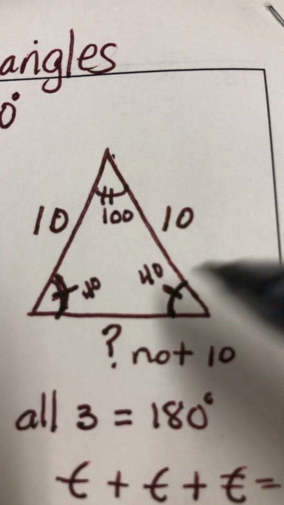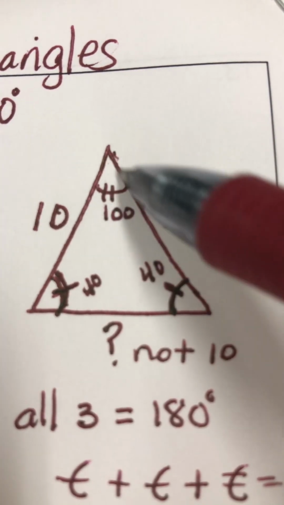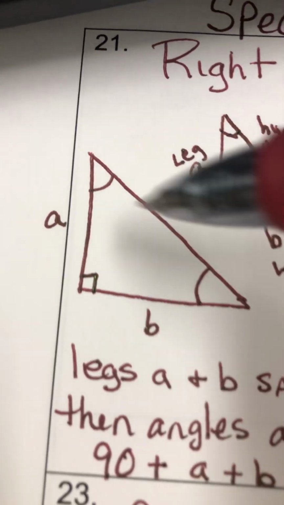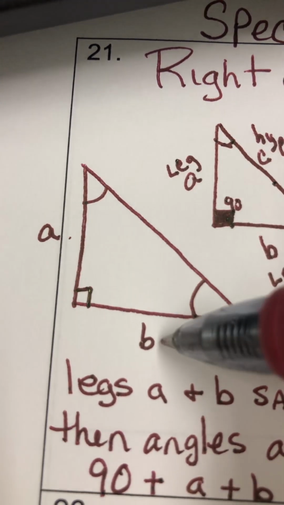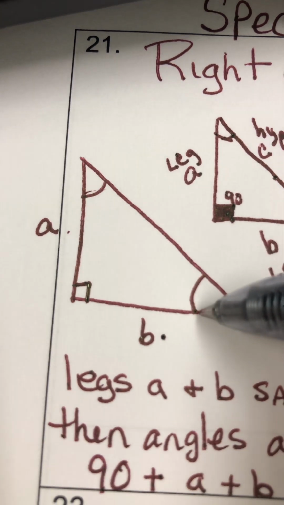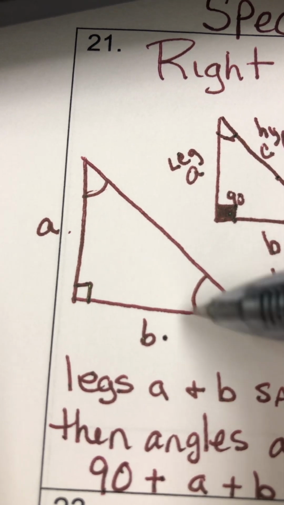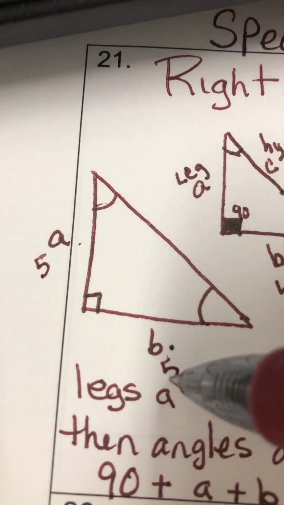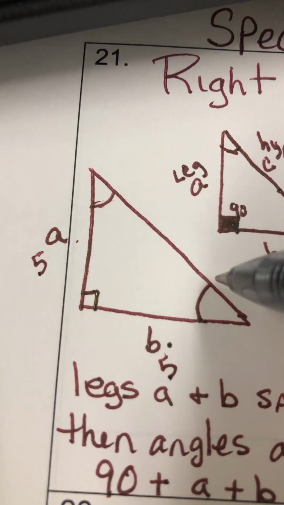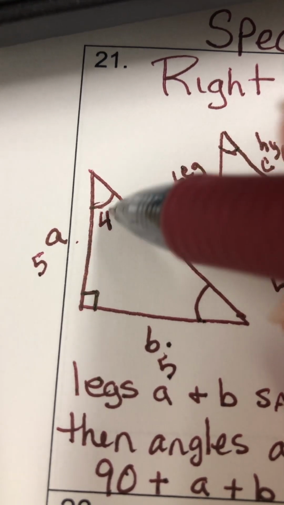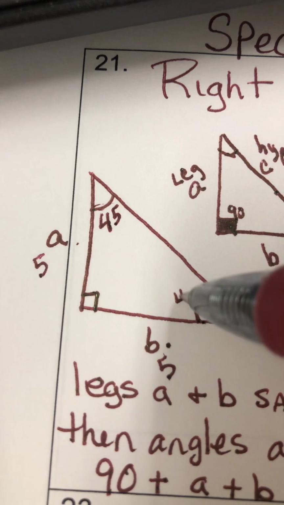isosceles triangle where I said if the two legs are the same, then these two angles are the same. So over here, if we have a right triangle, if A and B are the same amount, then their angles are going to be the same. So if A is 5 and B is 5, that means that these two are going to share the remaining 90 degrees equally. And it's going to make these each 45 degrees.